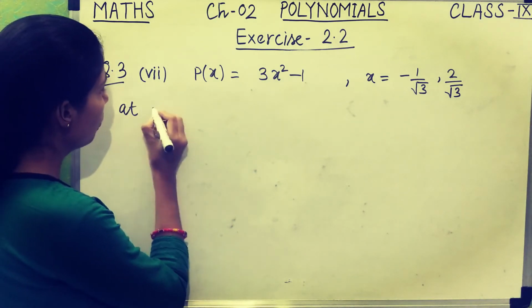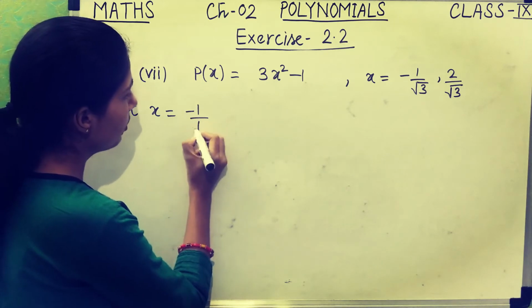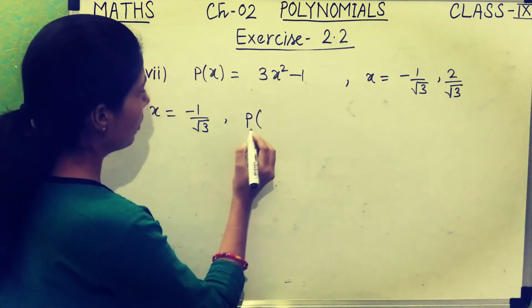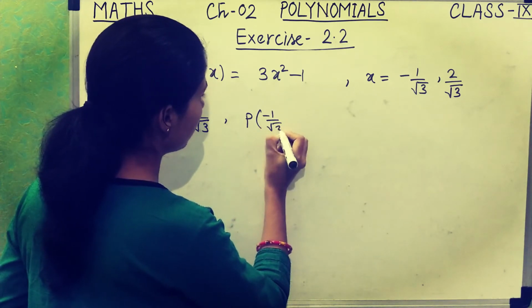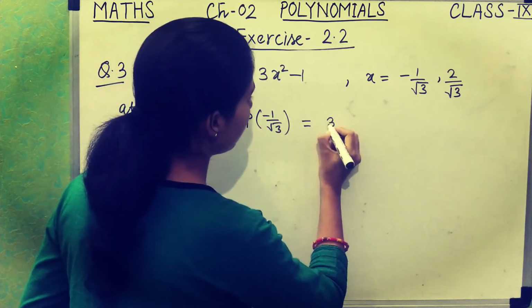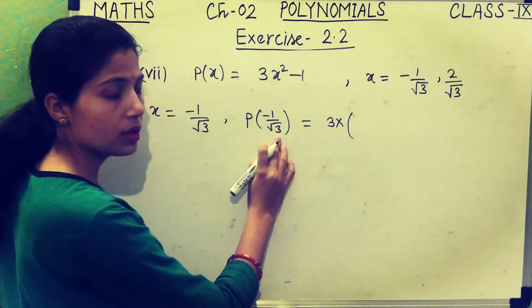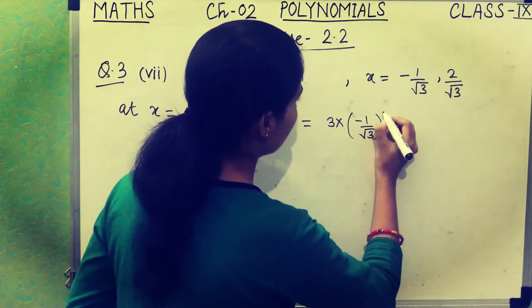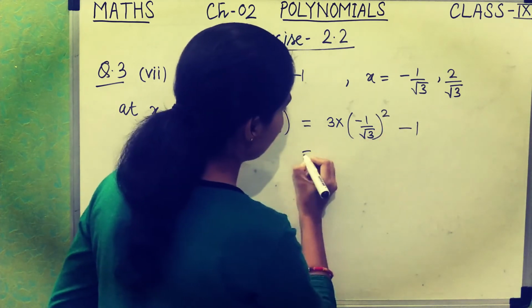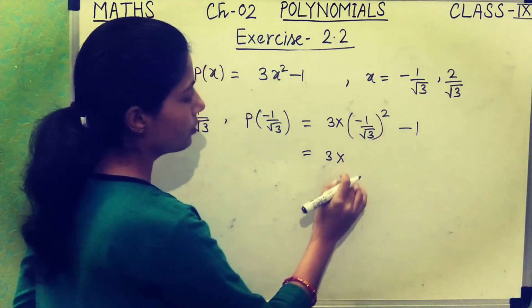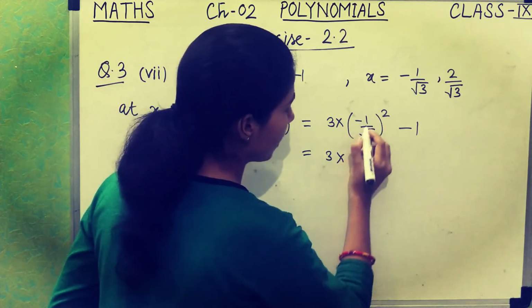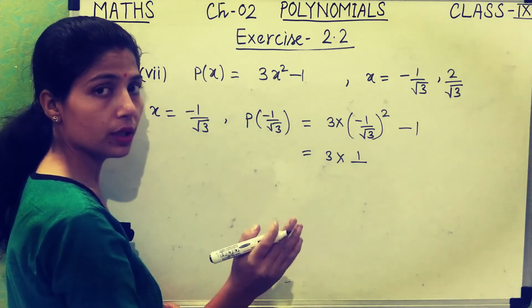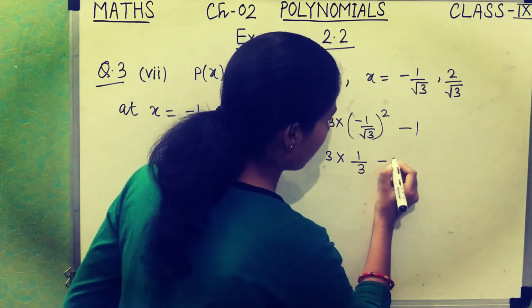At x equals minus 1 upon root 3, the value of the polynomial will be 3 into, in place of x you have to put this value, here square, so minus 1 upon square root of 3, whole square, minus 1. So 3 into, now see, square of 1 will be 1, and square of root 3, root 3 into root 3, will be 3, so minus 1.